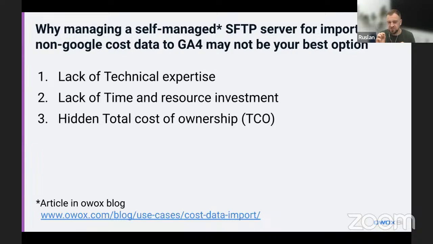But it's critical to recognize the hidden expenses associated with ongoing maintenance. The real hidden cost of running a self-managed SFTP server is the time and effort required from the IT team to manage, monitor, and troubleshoot it. Just think about this.